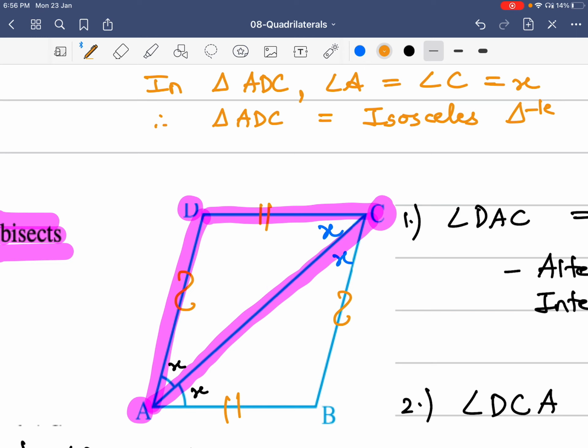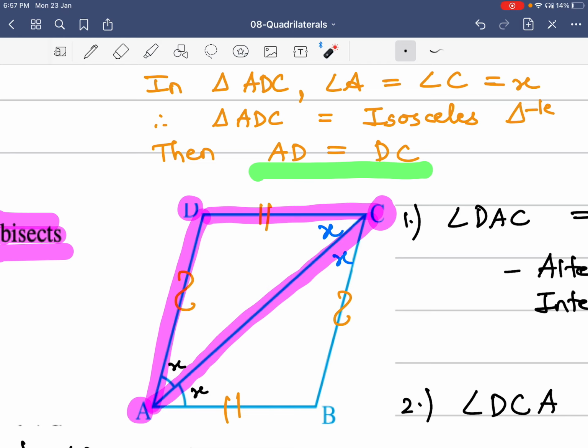And if it's an isosceles triangle, then very important, AD will be equal to DC. Why? Because that is the property of an isosceles triangle, that the sides opposite to equal angles are also equal to each other. So this AD is going to be equal to DC because it's an isosceles triangle.